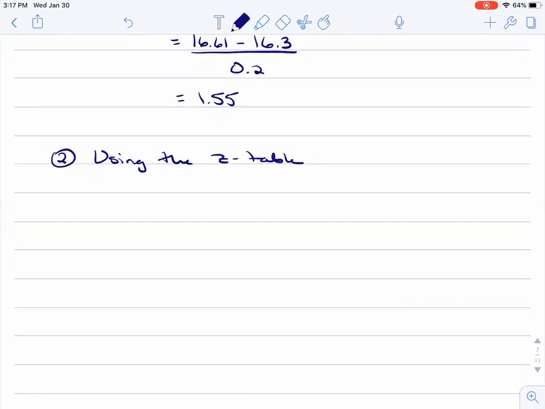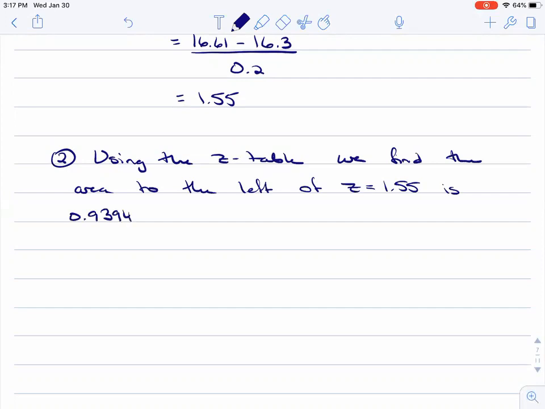Using the Z table, we find the area to the left of Z equal to 1.55 is 0.9394.